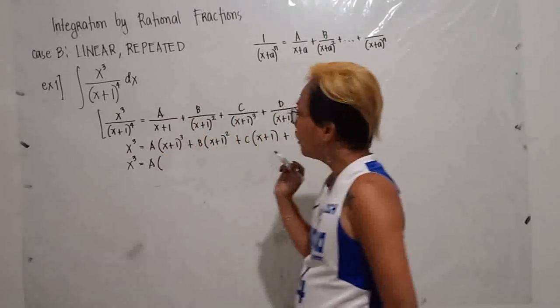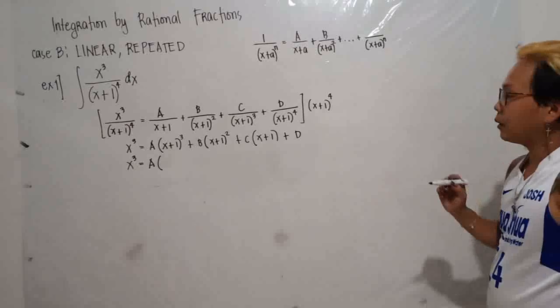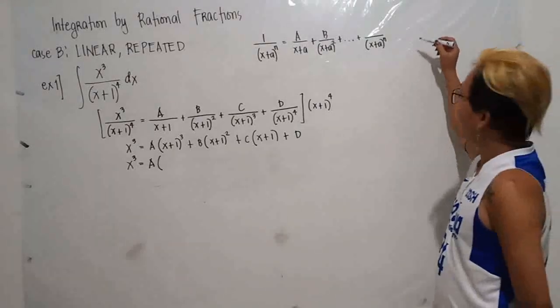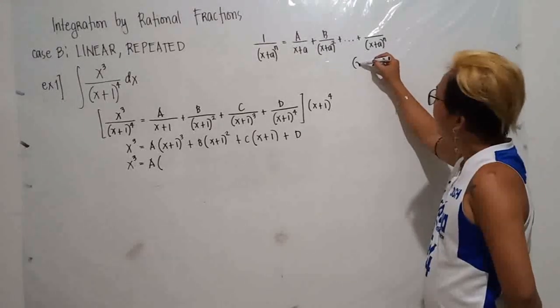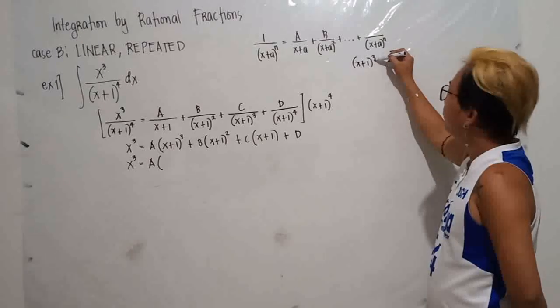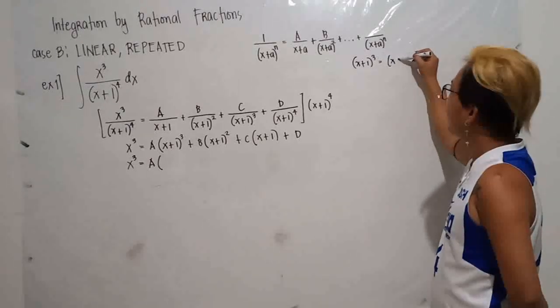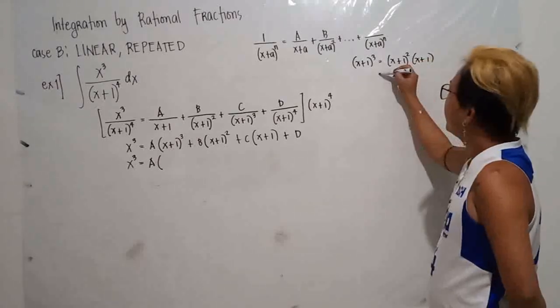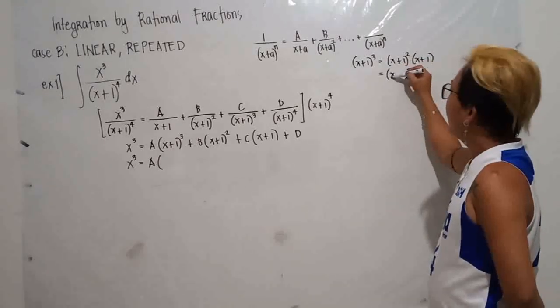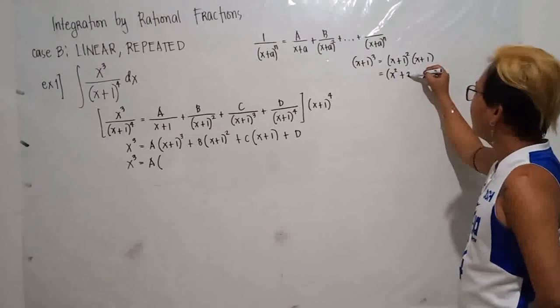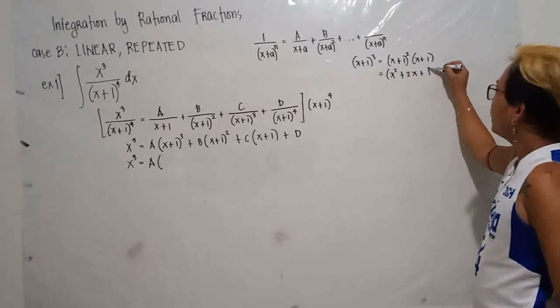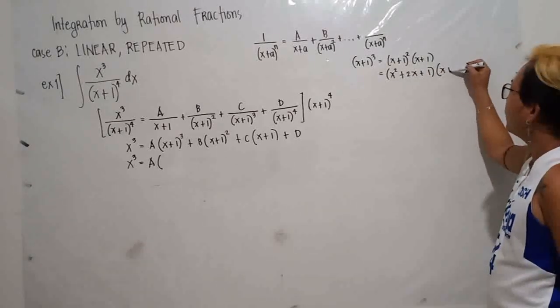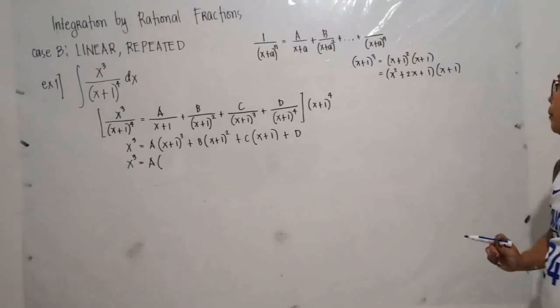Then, you need to expand x plus 1 cubed. So, you will now have x plus 1 cubed equivalent siya sa x plus 1 squared multiplied to x plus 1. So, you will now do x squared plus 2x plus 1 multiplied to x plus 1.